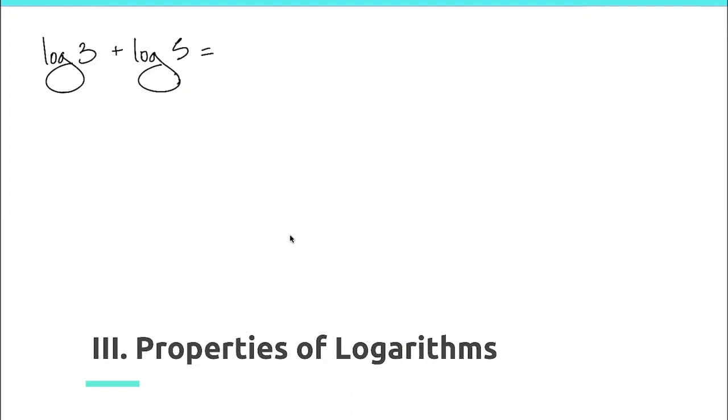Let's round to 3 decimal places. 1.176. Perfect, that's what I got too. Okay, now I want you to type in this. And tell me what you get. Same thing. Same thing, okay.